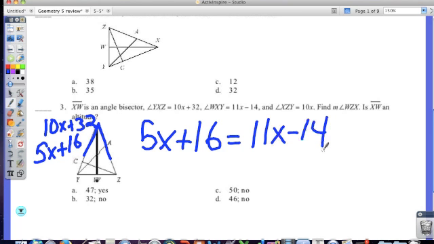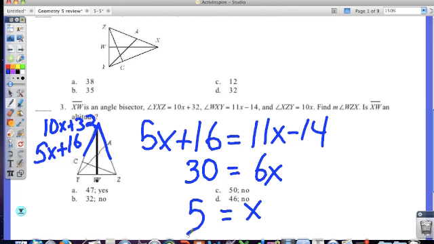And then I added 14 to the side and subtracted 5x. So here you got 30 and 6x, correct? And I got x equals 5. So if x equals 5, this angle here is 10x, so 10 times 5 is 50.